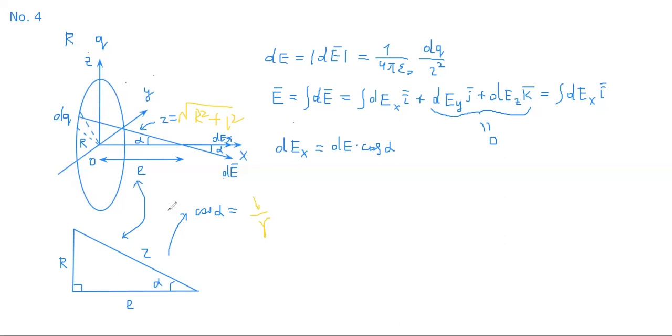L divided by R. Okay, that's correct. And this is equal to L divided by the square root of this. And here we know L and we know R.